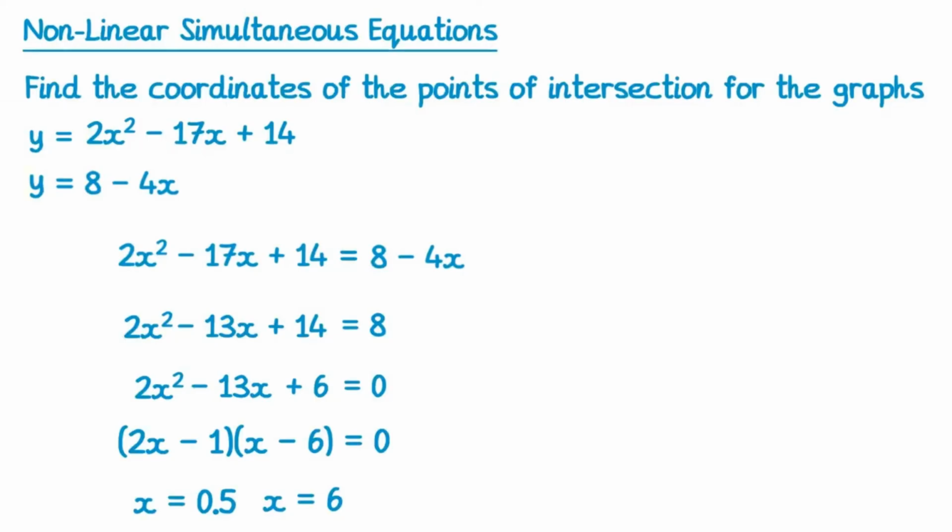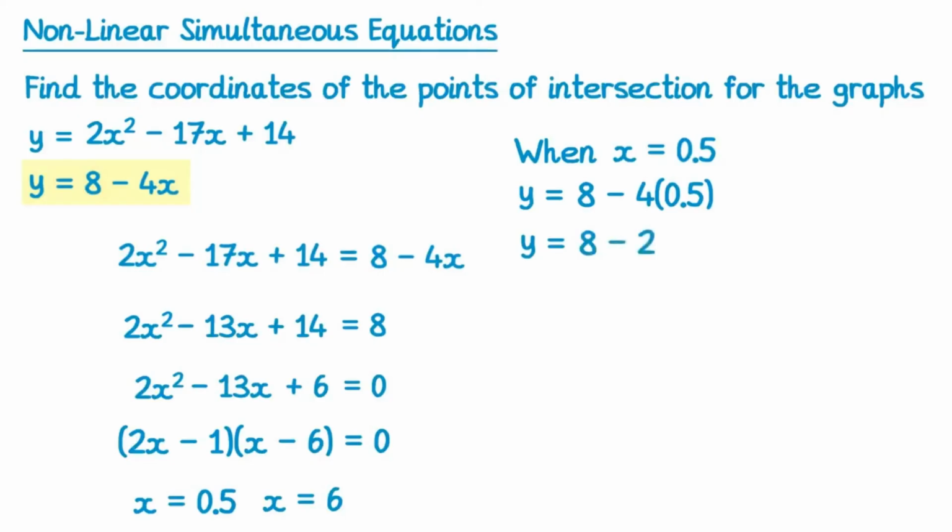So again, we're going to substitute them into the linear part here. So when x equals 0.5, y will equal 8 take away 4 lots of that, so 4 lots of 0.5. 4 lots of 0.5 is just 2, so y equals 8 take away 2, and 8 take away 2 is 6.